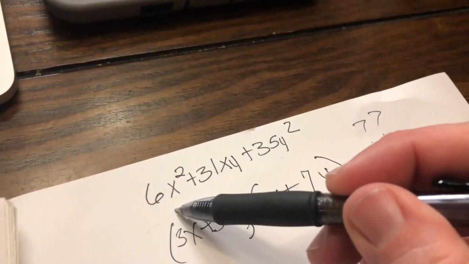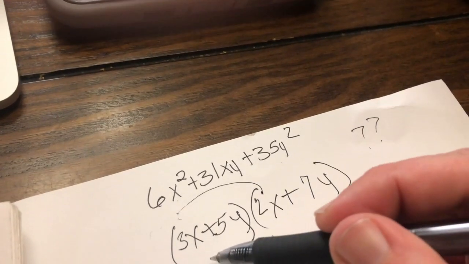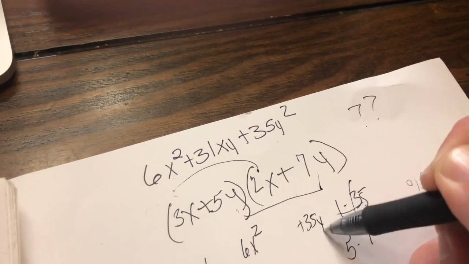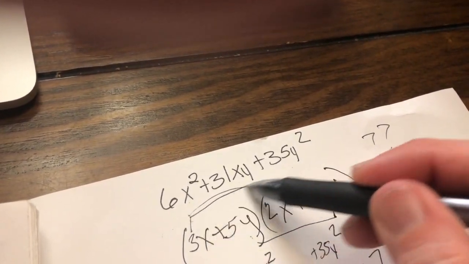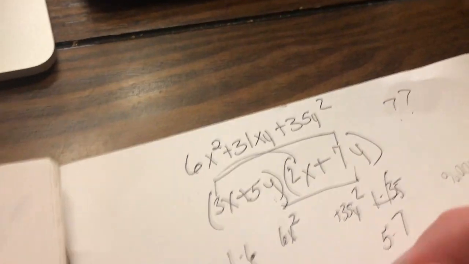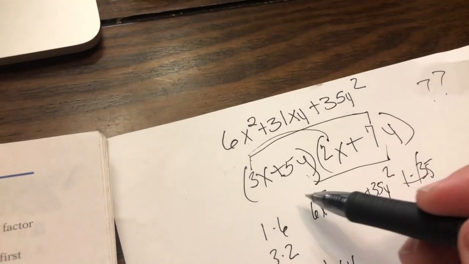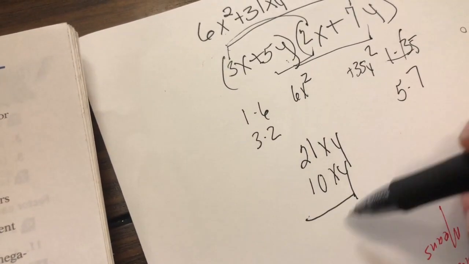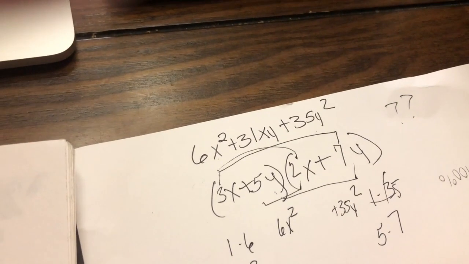All right, we know our first terms are going to give us 6x squared. We know our last terms are going to give us 35y squared. And so now it comes down to the outer and inner. Our outer terms are going to give us 21xy, and my inner terms are going to give me 10xy, which together gives me 31xy, which is what I needed.